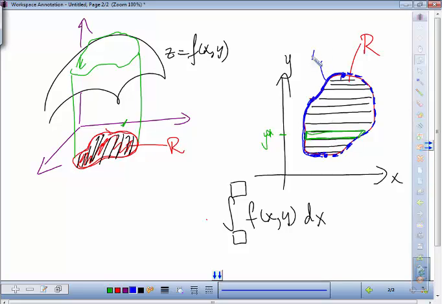X is a function of y. Now, why did you say x is a function of y instead of y is a function of x? Because you're trying to find an x limit, x value limit. That's actually a really good reason.